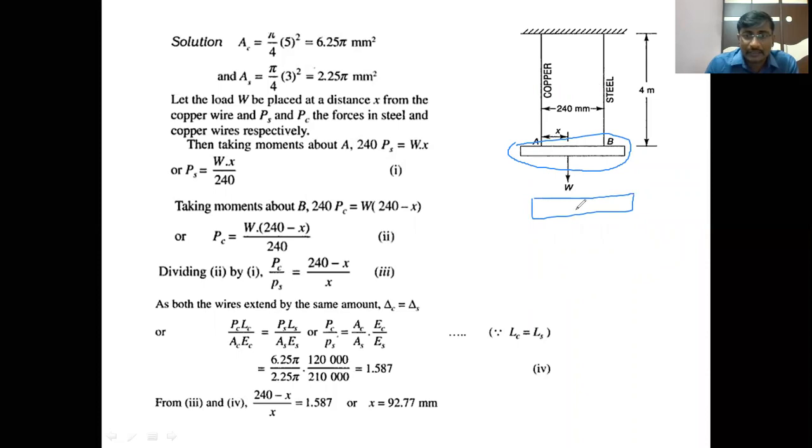If both the wires elongate equally, the horizontal bar remains horizontal. To maintain this, where should we apply the load W from each of the wires? This is the problem. Clear?